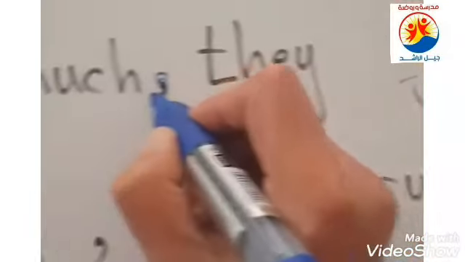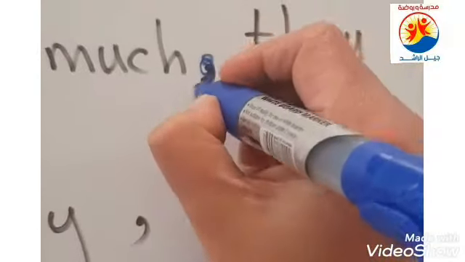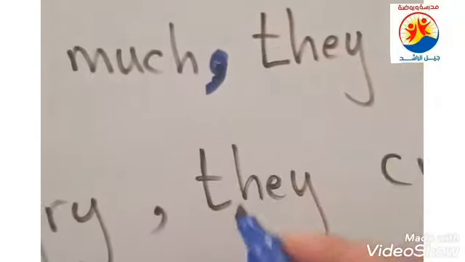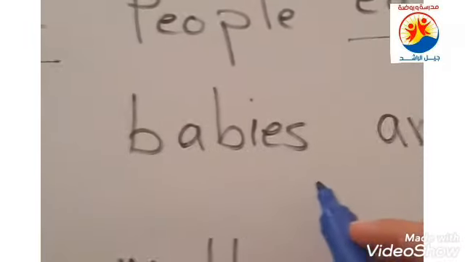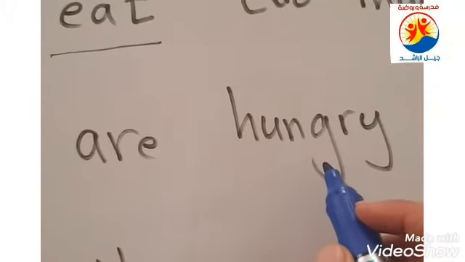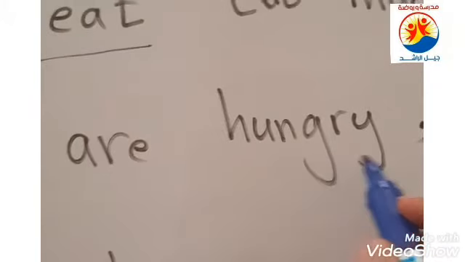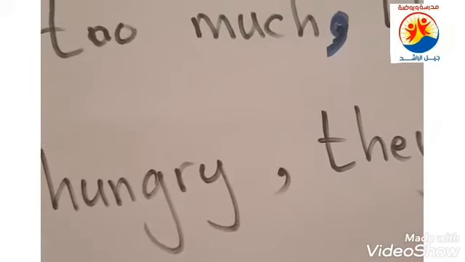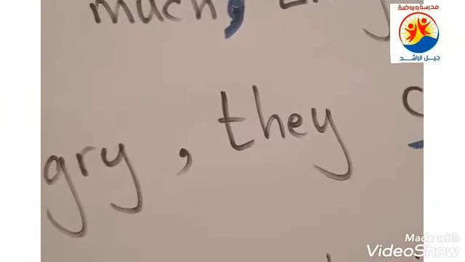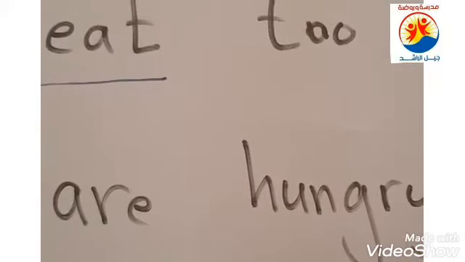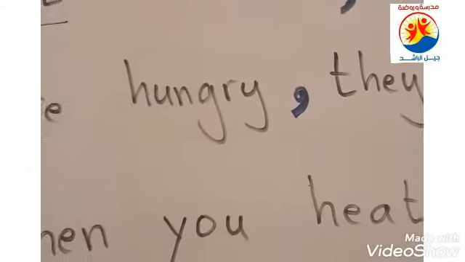This is the comma, because we start our sentence with if. If babies are hungry, they cry. Present simple. This is the comma, because we start with if.